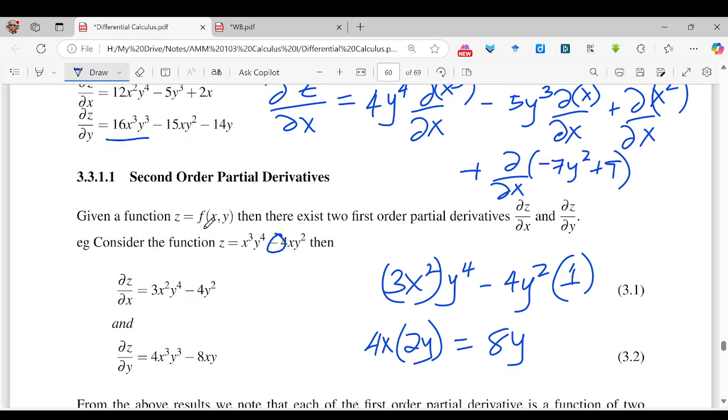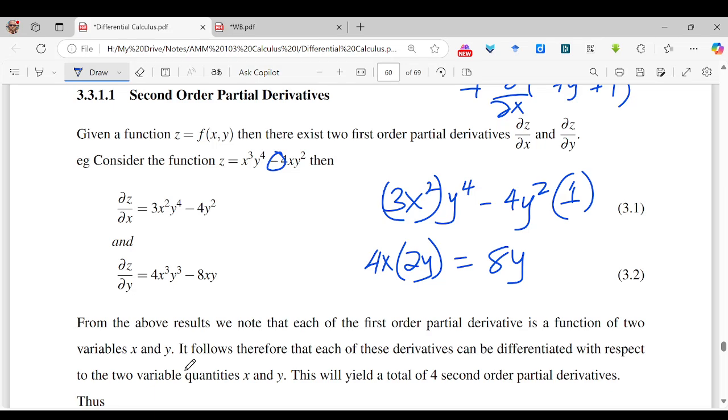These are functions of two variables, x and y, meaning that there exist two first order partial derivatives. The first order partial derivative of z with respect to x, and the first order partial derivative of z with respect to y.